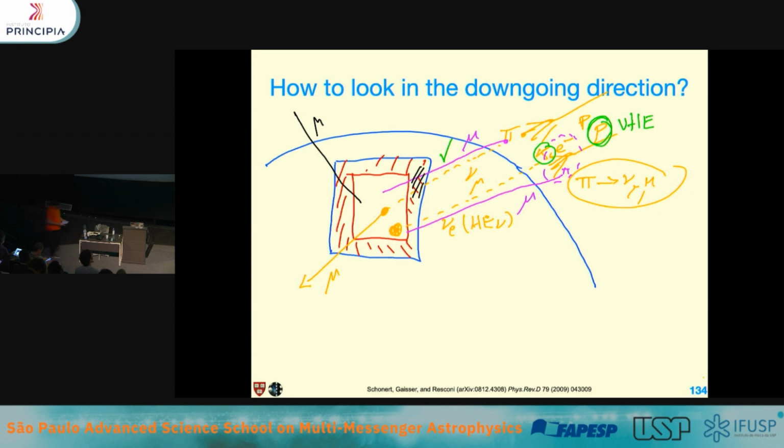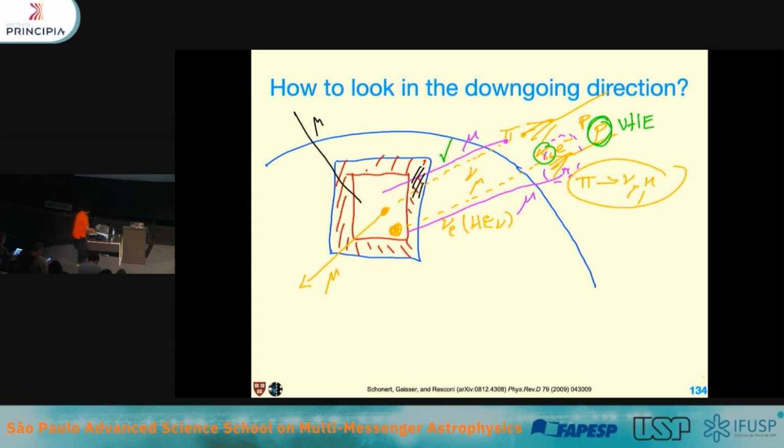So the trick is that if we understand the production of mesons in these cosmic ray showers, we understand how likely it is that you get a neutrino of some energy without an accompanying muon.